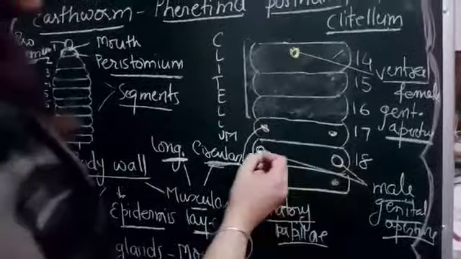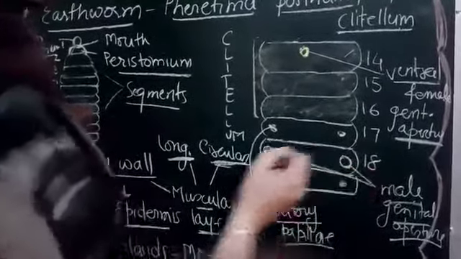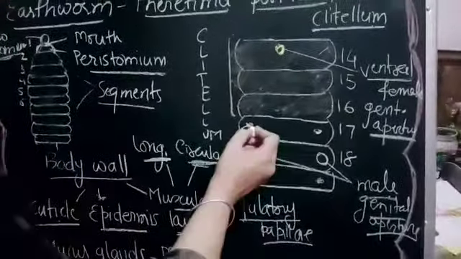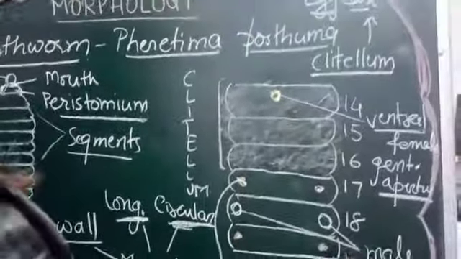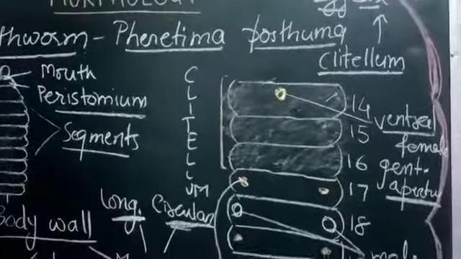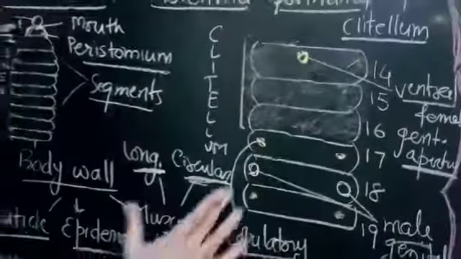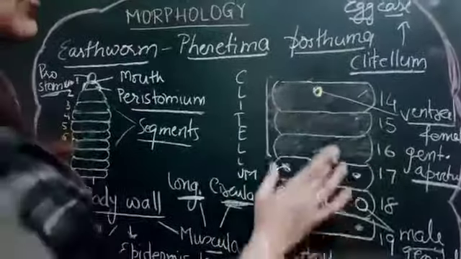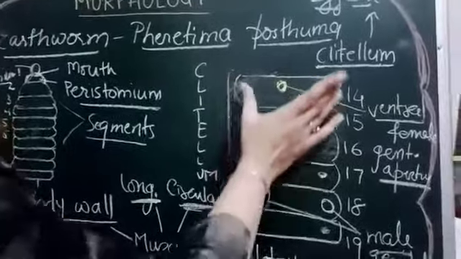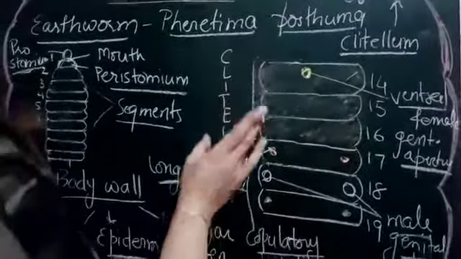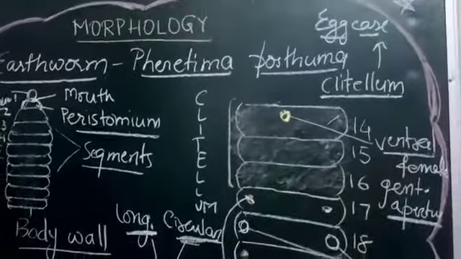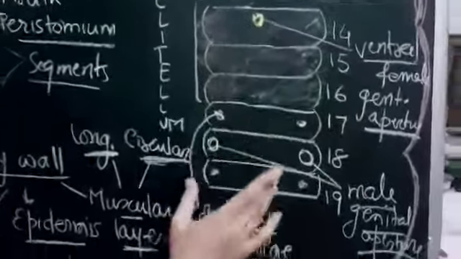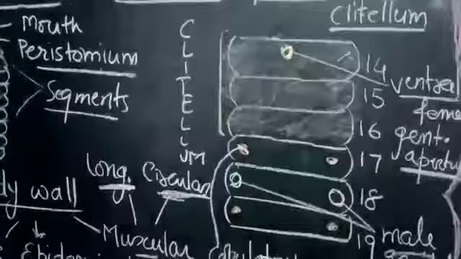In the 18th segment, on the lateral side, are the male genital apertures, and the copulatory papillae are in one pair in the 17th and one pair in the 19th segment. Keep in mind the location, because in some competitive examinations they ask which three segments in earthworm are involved in clitellum formation: 14, 15 and 16. So please keep in mind the location of the different parts.